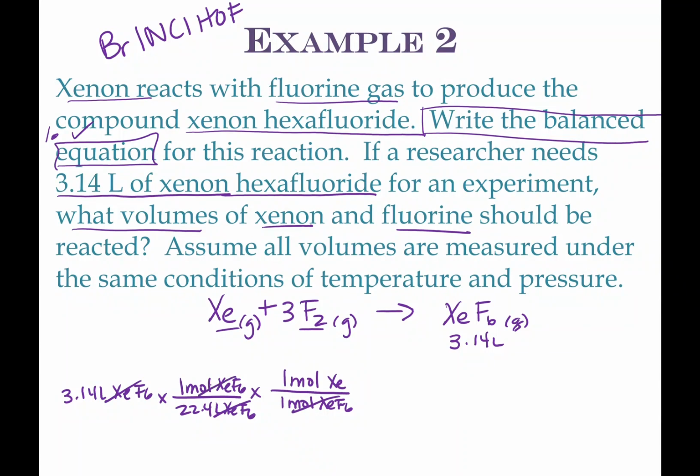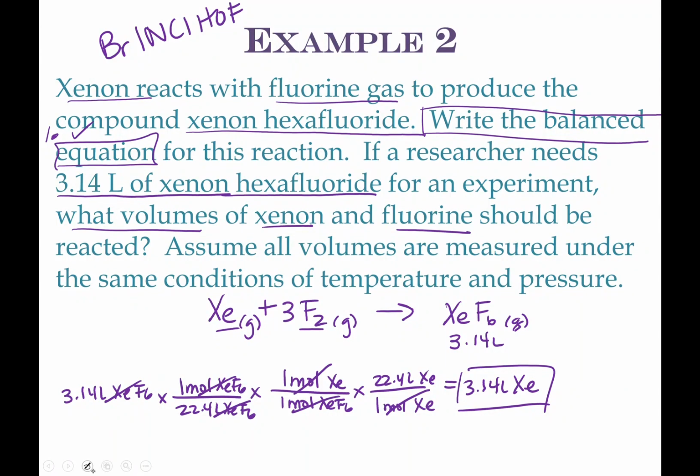So 1 mole of xenon is 22.4 liters of xenon. So this is our new conversion factor. And when we do this, you should get 3.14 liters of Xe are required.